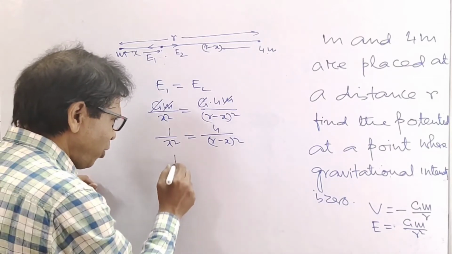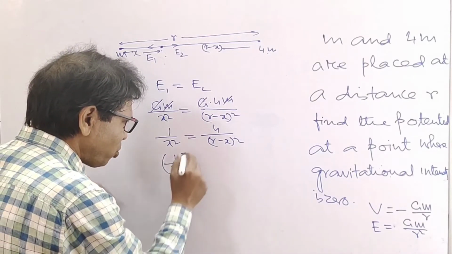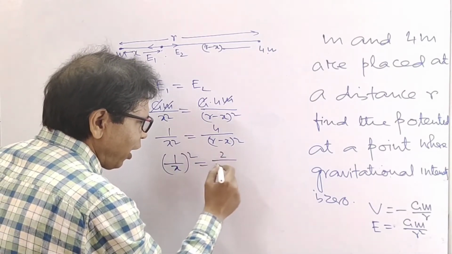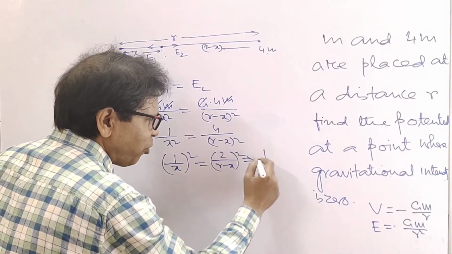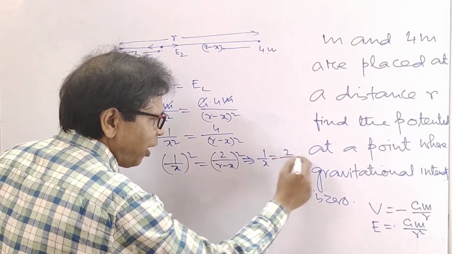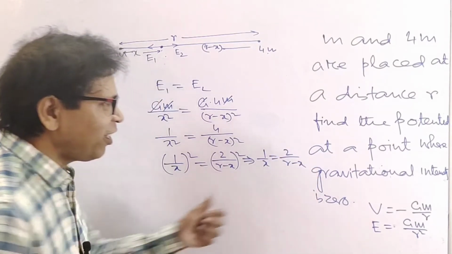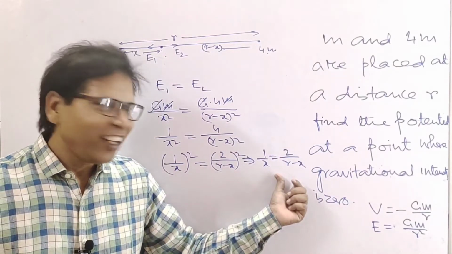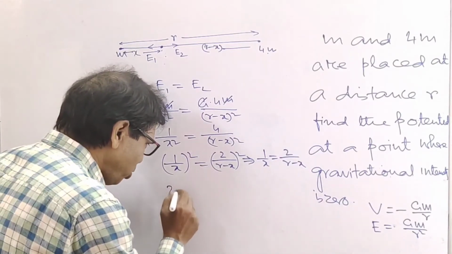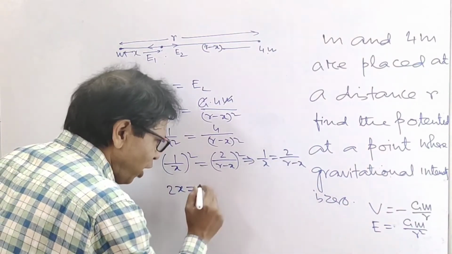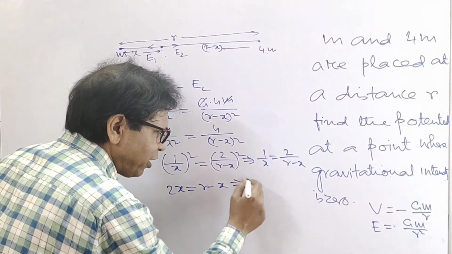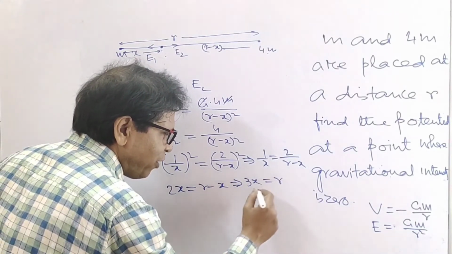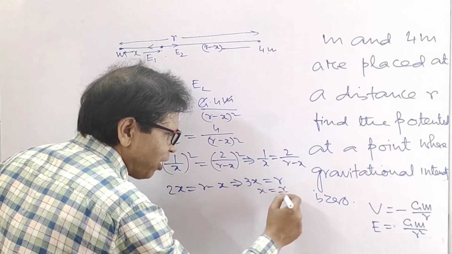Next, this is 1 by x whole square equals 2 by r minus x whole square. So look at this, this is 1 by x equals 2 by r minus x. No problem. Now this is 2x equals r minus x. So 2x and x, this is 3x equals r. Therefore x equals r by 3.